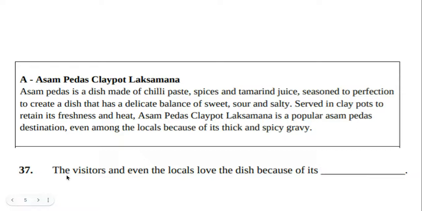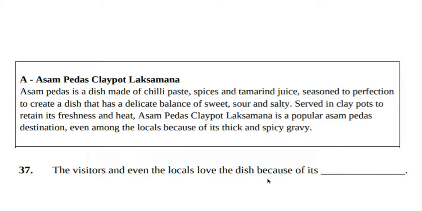Now, look at the keyword here. The visitors and even the locals love the dish. Now, here is the tricky part. You have to find a paragraph, it means whether A, B, C, D, or E, the one that emphasizes how the visitors and the locals love the food.